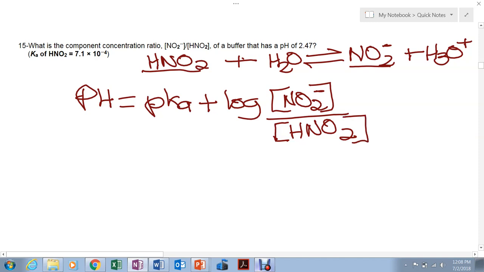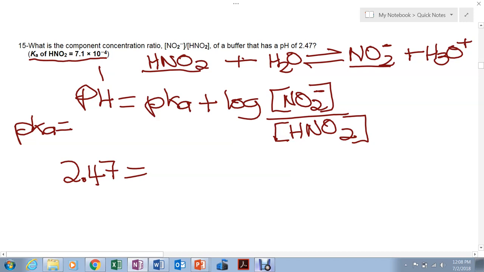So if we use this, let's get all the numbers. We got the pH 2.47. You see? 2.47. The Ka is 7.1 times 10 to the minus 4. So if we got the pKa, the minus log of the Ka, gives me, I'm going to give it to you directly, 3.15.